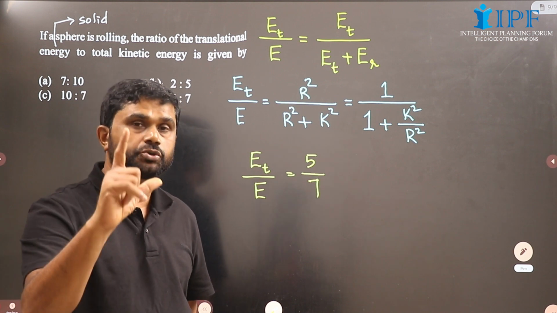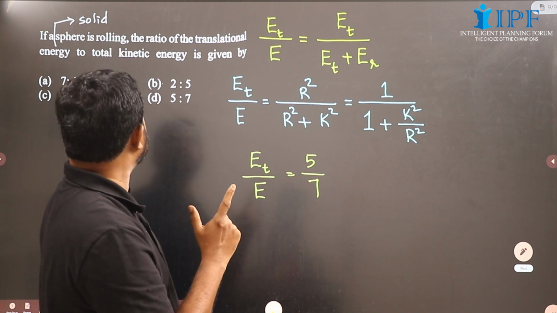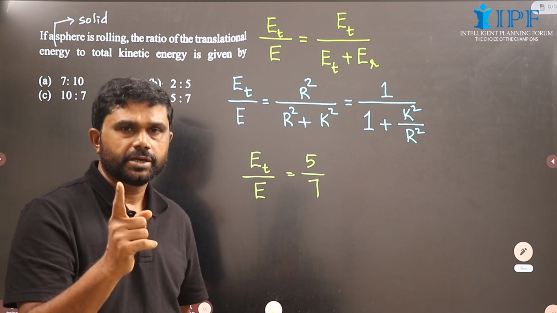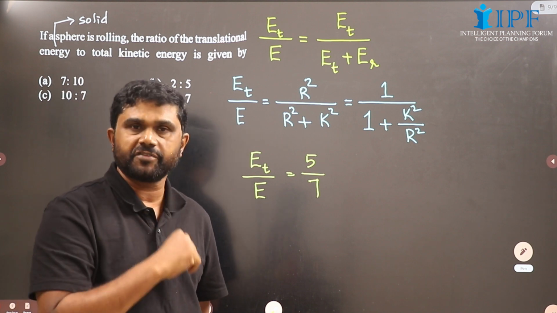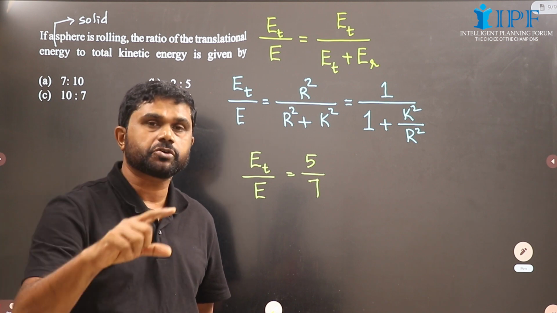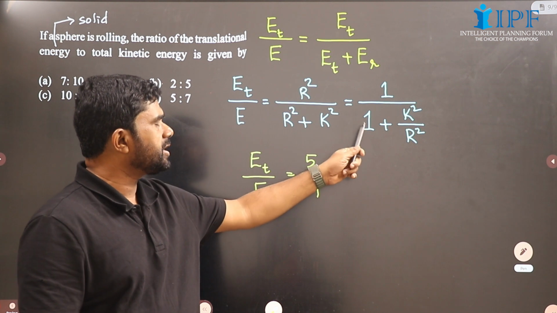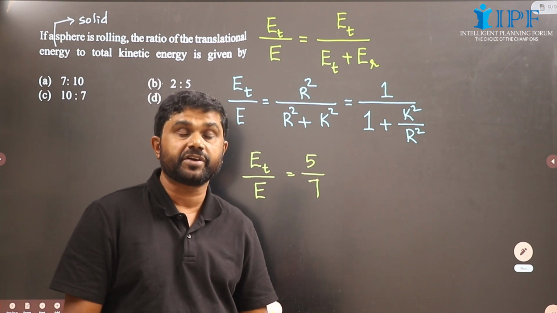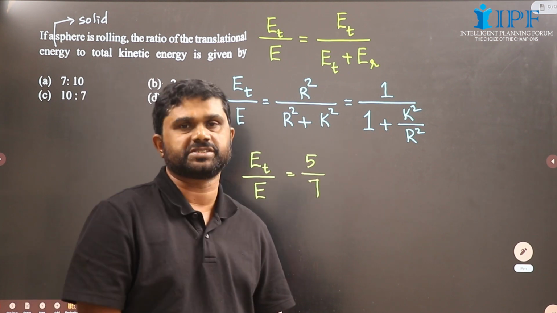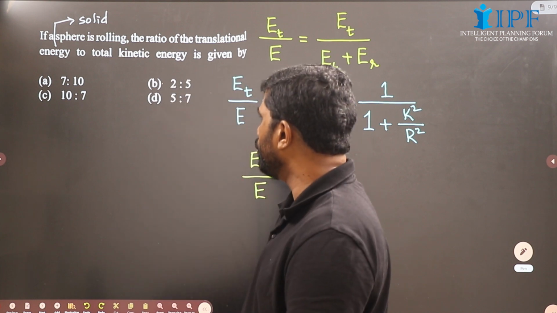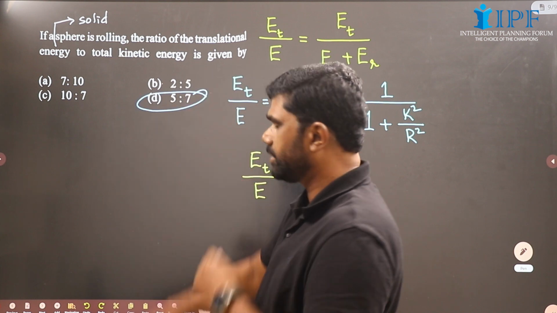Again we have that ratio k square by r square. Here the body is a solid sphere, its moment of inertia is 2 by 5 mr square, so the ratio k square by r square will be 2 by 5. In the denominator 1 plus 2 by 5 is 7 by 5, and its reciprocal will be 5 by 7. So it must be 5:7.